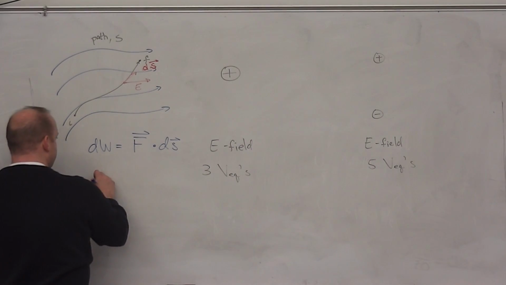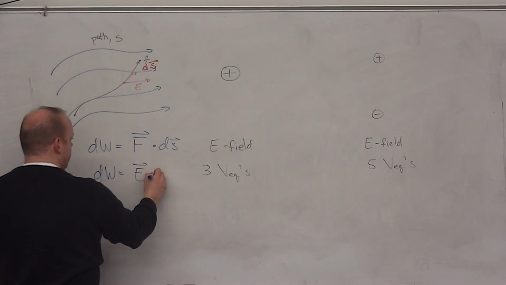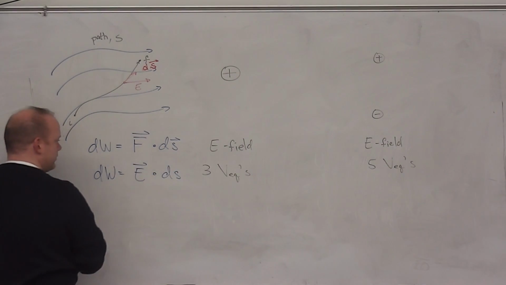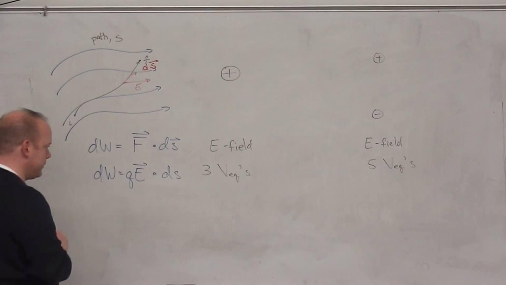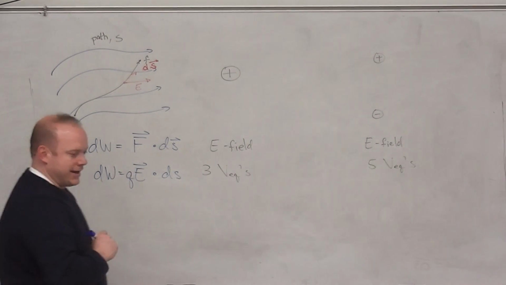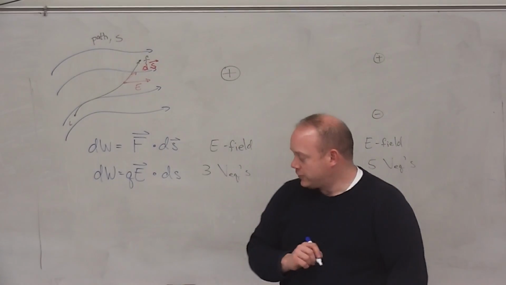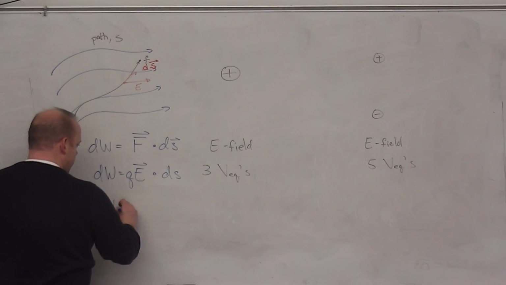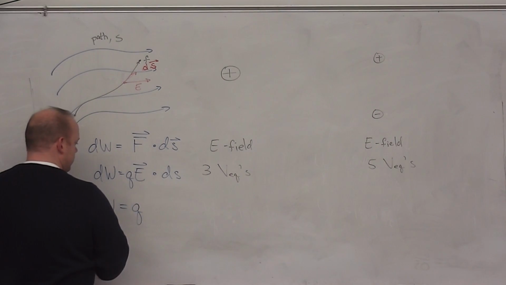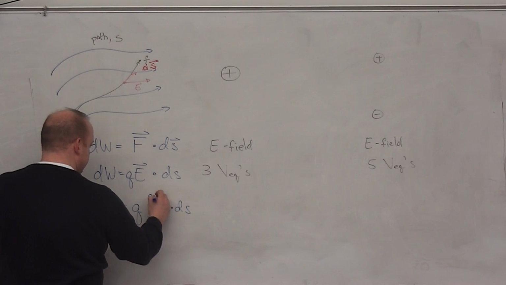That force will equal QE dot ds. That makes much more sense. E alone doesn't make a whole lot of sense, Q makes a lot more sense. So if I want the work done, I've got to integrate. I'll put the Q out in front. Integral of E dot ds.